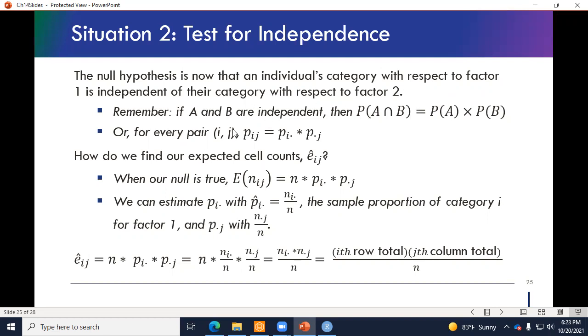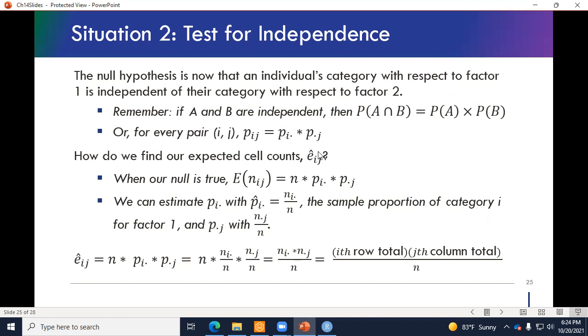Translated back to our scenario, that means for every pair I and J, we have Pij equal to Pi times Pj. So this is equivalent.